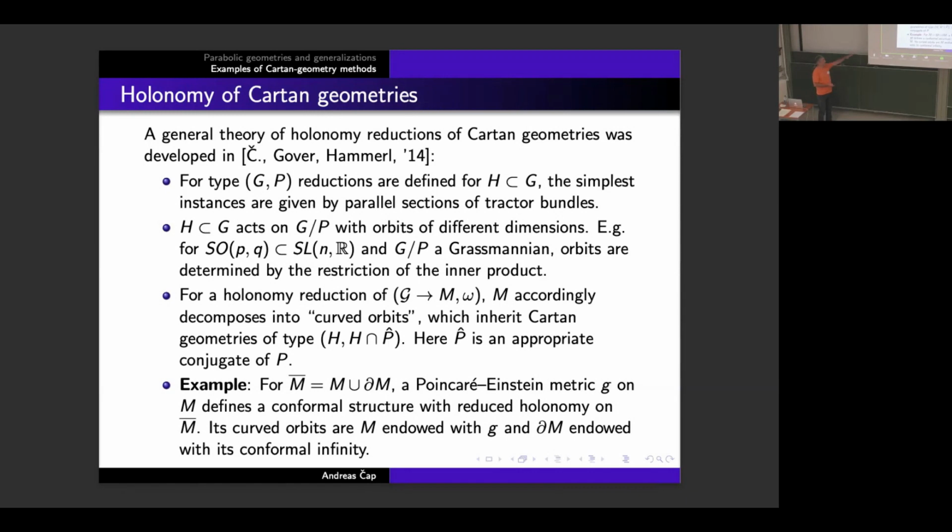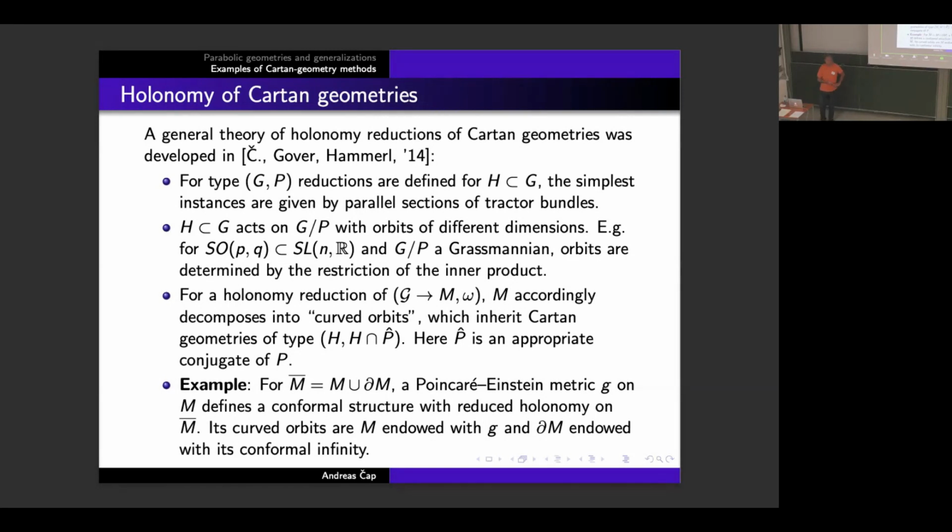Okay, I wanted to say this in the first talk, this picture not only works for Poincare-Einstein, but it also extends to conformally compact metrics. This will not be a holonomy reduction anymore, but you get corresponding data and so on and so forth. And also there is a generalization to other types of geometric compactifications here.